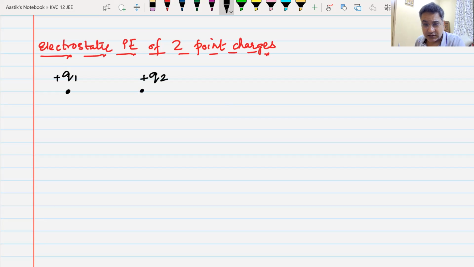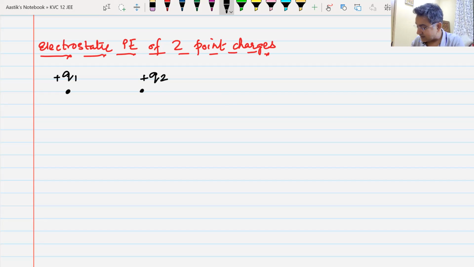So work has to be done to bring this second charge from infinity to this point. That work done, because it is work done against a conservative force, is stored in the form of energy in this 2-point charge system, and that is known as the potential energy or interaction energy of these 2-point charges.